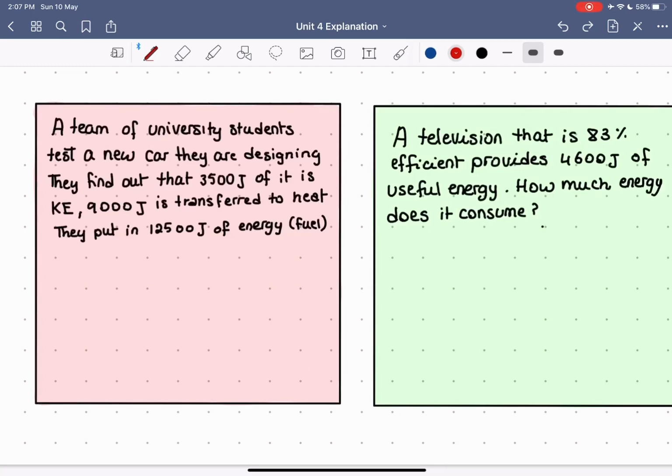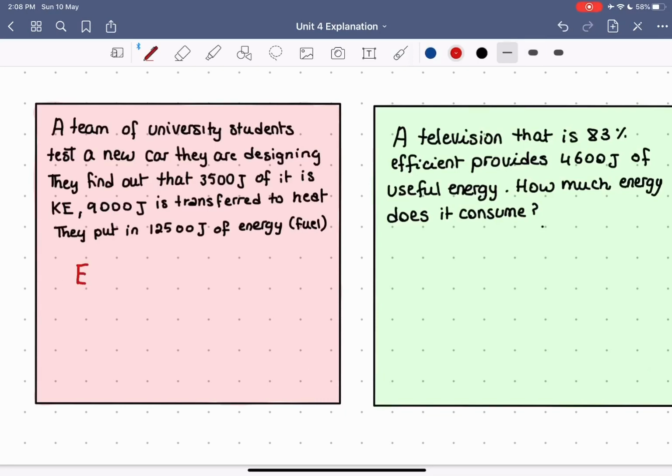So we have a team of university students that are testing a new car that they're designing. They find out that 3,500 joules of it is kinetic energy, 9,000 joules is transferred to heat, and they put in 12,500 joules of energy as fuel. Calculate the efficiency.